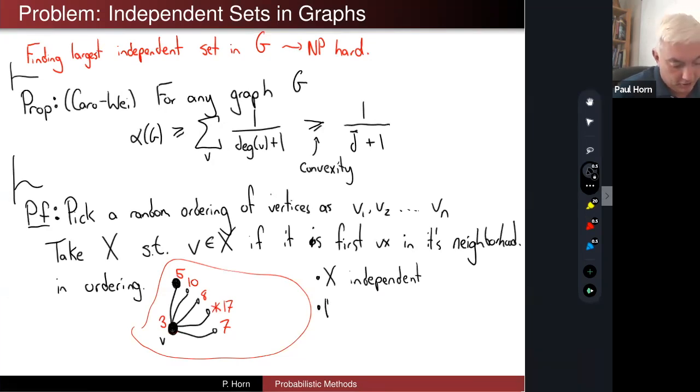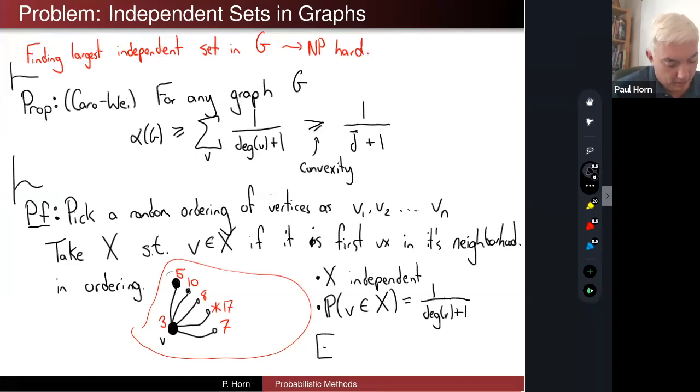And the other thing that's true is that the probability that V is in X, well, on this neighborhood, all orderings are equally likely. So what's the probability that this V is the smallest? Any of these vertices are equally likely to be the smallest in the neighborhood. So this is 1 over the degree of V plus 1.